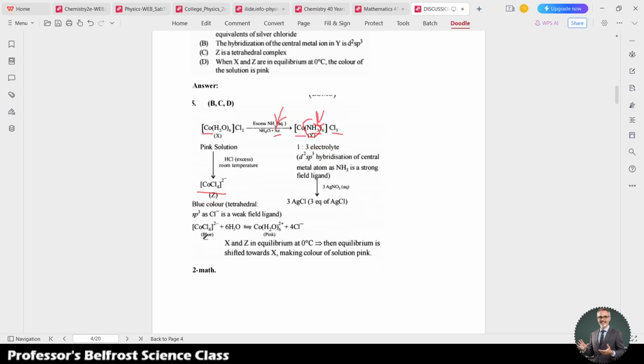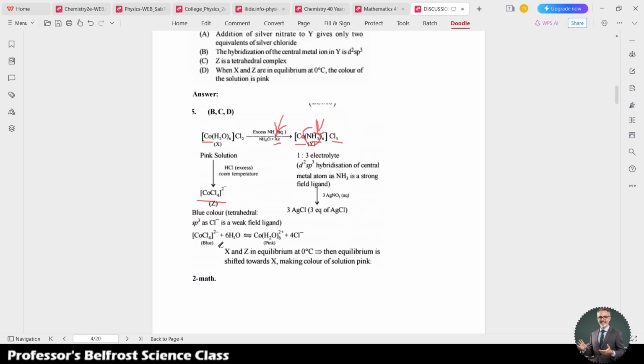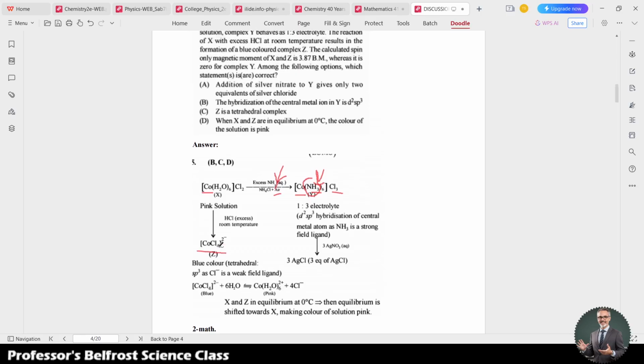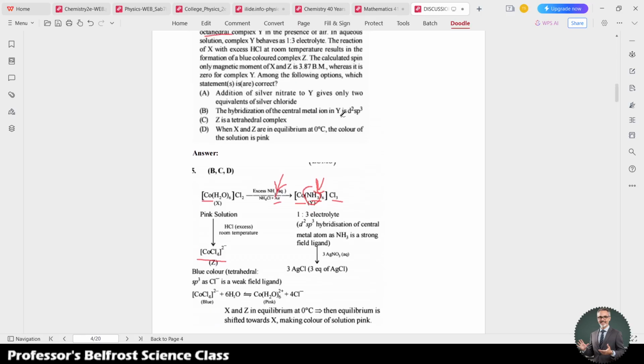Yeah, it's a little complex, but it is very clear from this. So Z is a tetrahedral complex. If you draw it, it becomes tetrahedral, like this. And when X and Z are in equilibrium, the color of the solution is pink.